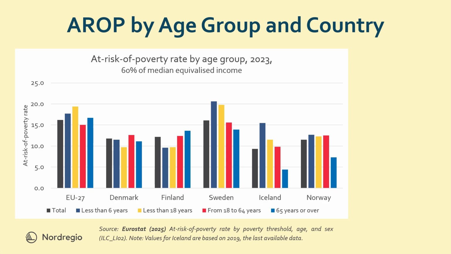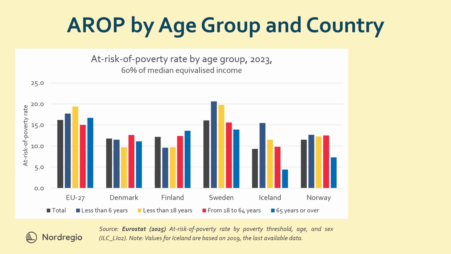But in Sweden and Iceland, we can see a totally different picture. For example, children less than 6 years old are the group with the highest risk, and in Sweden it's more than 20%. The same is relevant for young people younger than 18 years old.